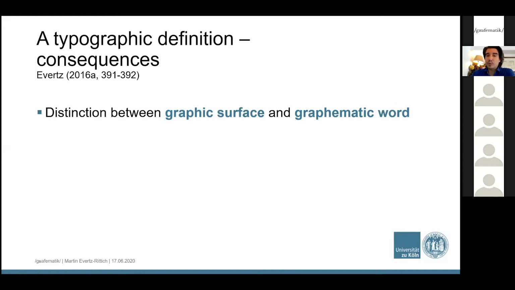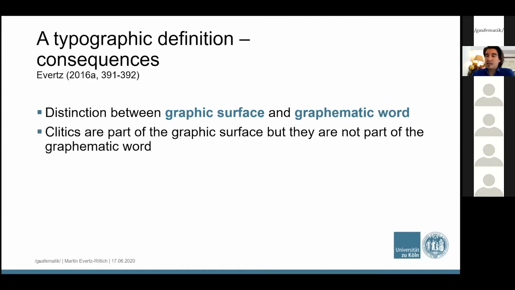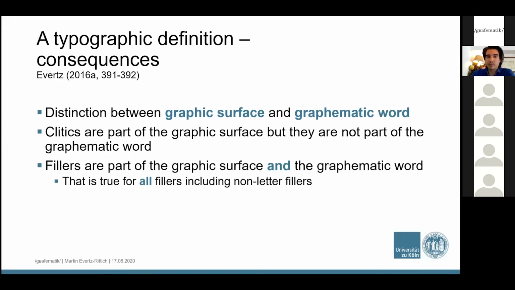Well, first, we can distinguish between a graphic surface and the graphematic word itself. Clitics are part of the graphic surface, but they are not part of the graphematic word proper. Fillers are part of the graphic surface and they are part of the graphematic word. And it is important to keep in mind that this is true for all fillers, including non-letter fillers.